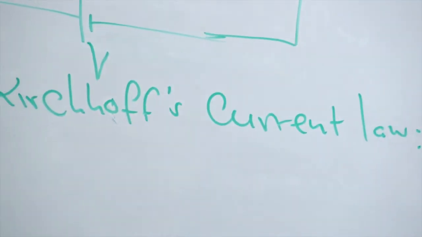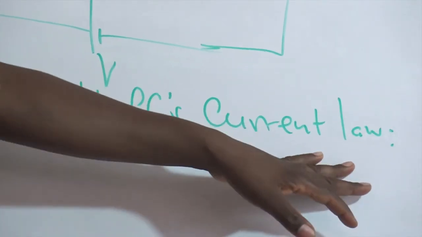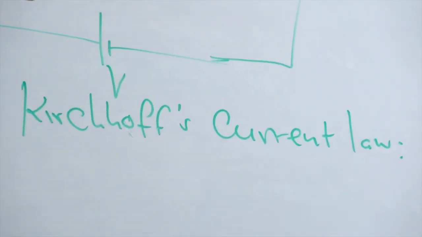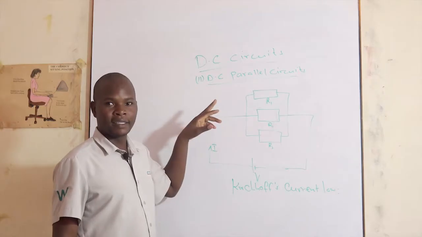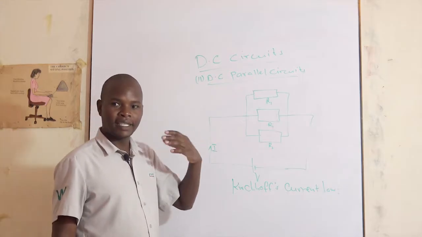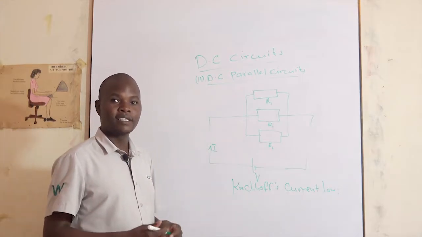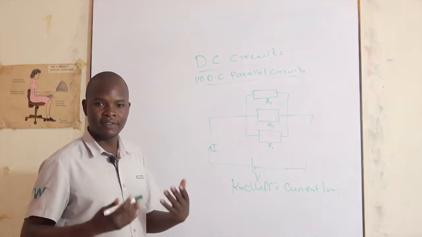So apart from Ohm's law, we use Kirchhoff's current law, and this one states that the sum of the current entering a junction is equal to the current leaving the junction.